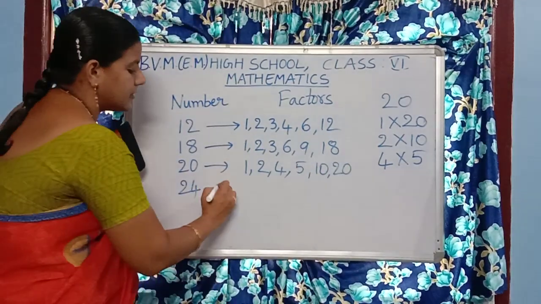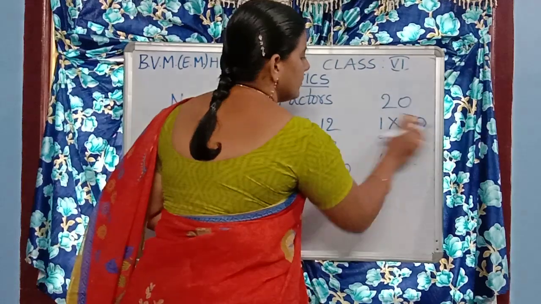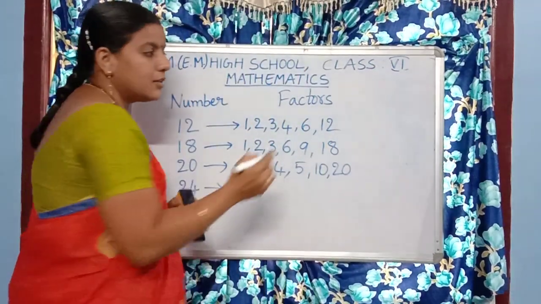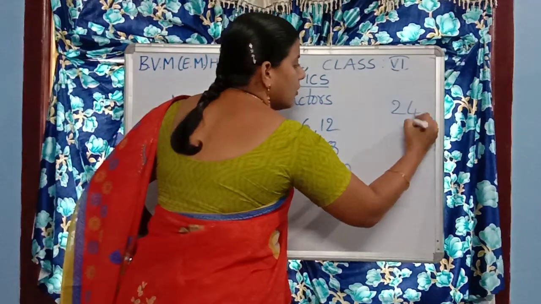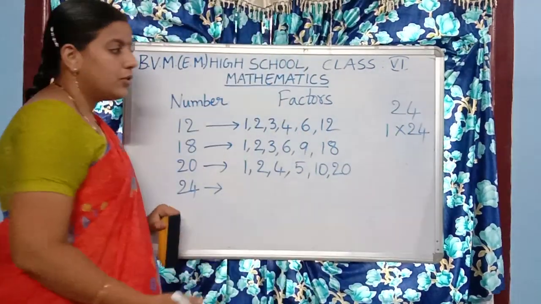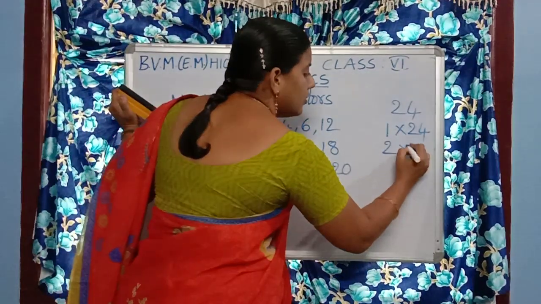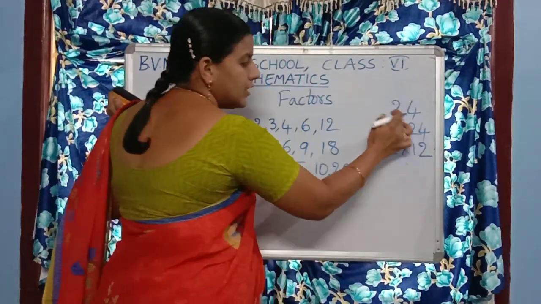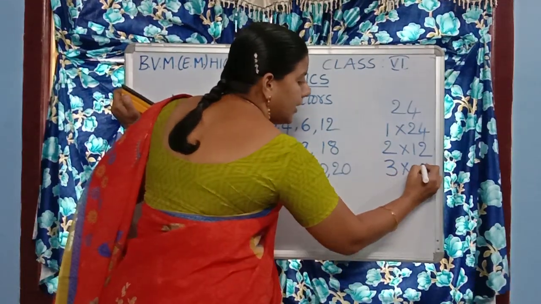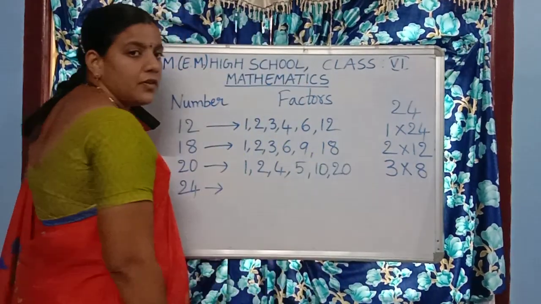Okay. Next, 24. Are you writing or not? 1 into 24. Next, 2 twelves are 24. Next, 3 eights are 24.